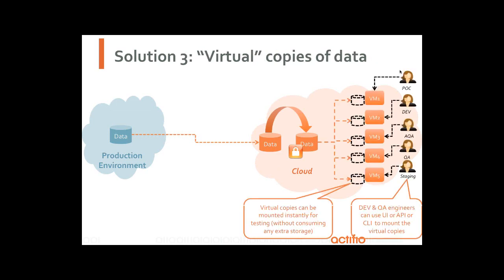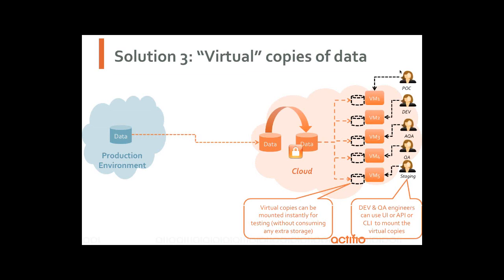And once that's done, Actifio can make virtual copies of this data, which means that if this data was 3 terabytes, after masking, when we have to create 5 different copies, we don't need 15 terabytes of storage. We just need 3 terabytes of storage, which is exactly the same as the original data.